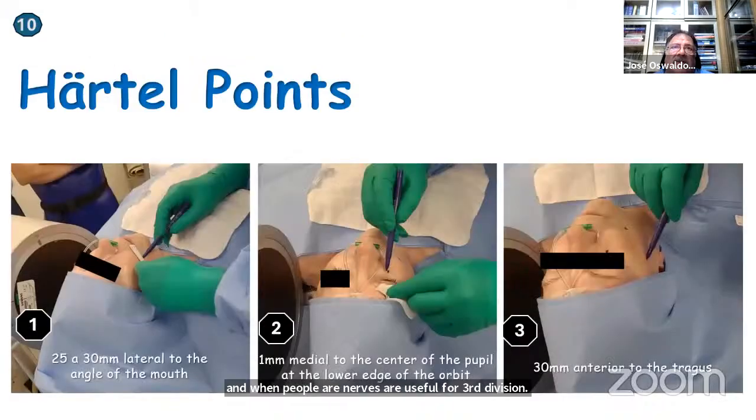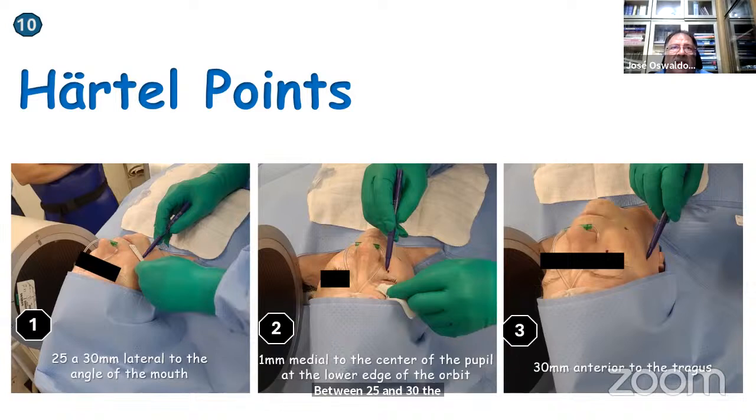Access to the trigeminal ganglion was described more than a century ago by Hartel with 3 anatomic points. The first one, which defines the insertion site of the cannula, is a lateral distance from the angle of the mouth between 25 and 30 millimeters.